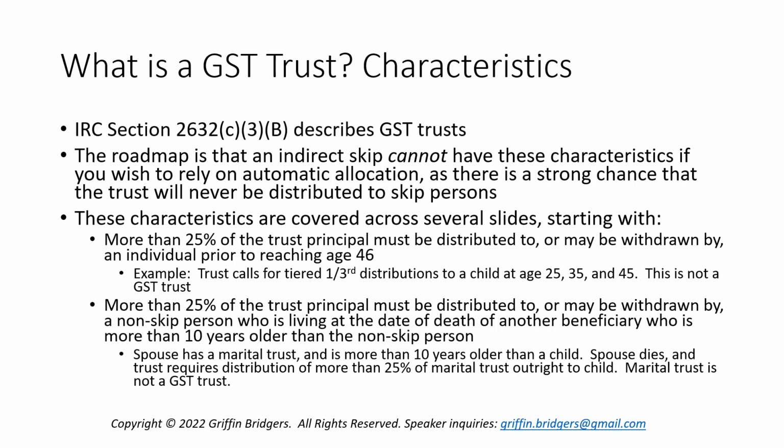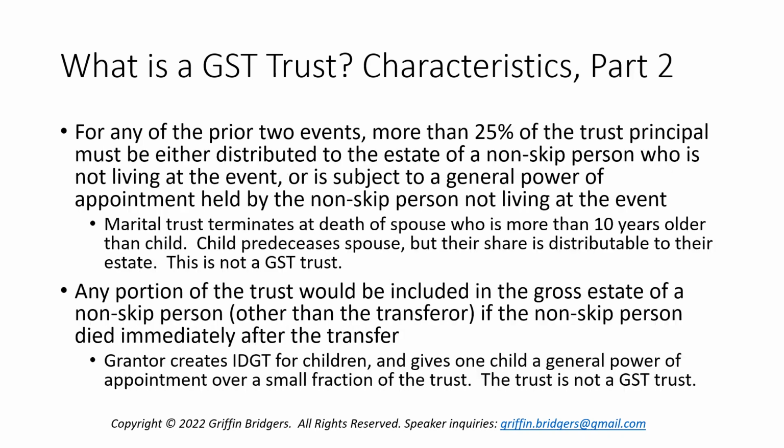So you'd hope they're 10 years older than the child if it's a blood relationship. But that aside, the spouse dies and the trust requires a distribution of more than 25% of the remainder of the marital trust outright to that child who's more than 10 years younger. So the consequence is the marital trust is not a GST trust, and you don't get automatic allocation of GST exemption.